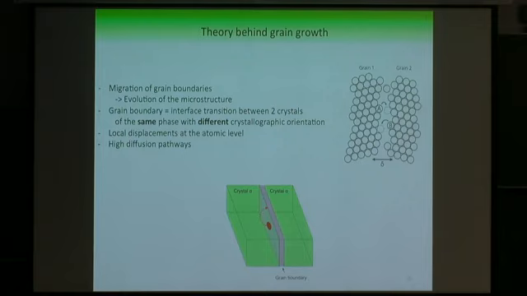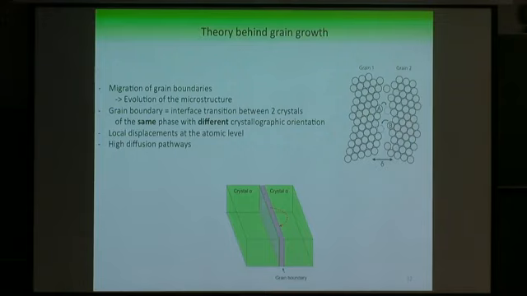So here you have an example, a schematic of two crystals separated by a grain boundary. And so the microstructure is going to evolve with this atom here on this side of the grain boundary, which is going to go through the grain boundary and then attach on the other crystal there.